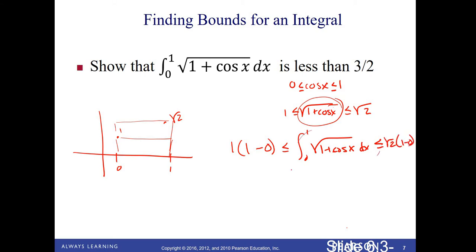So therefore the integral is also going to be between 1 and root 2, and since 3/2 is greater than or equal to root 2, we can say definitively that this integrand will always be less than 3/2.